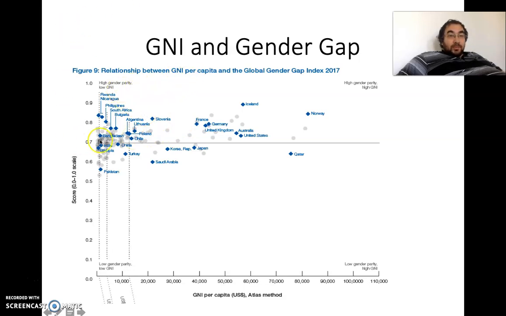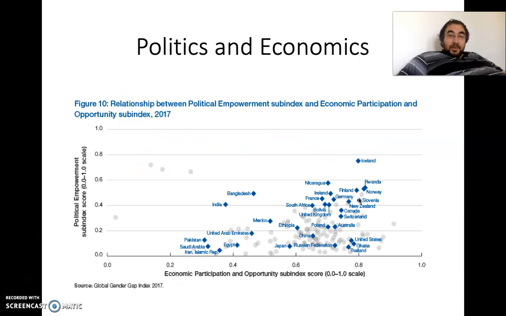Rwanda, Nicaragua, those countries probably experience economic problems equally by men and women, basically. And then you have at least one country with very high GNI, Qatar, and under the average gender equality score. Turkey is here, by the way. This is GDP per capita, by the way, not overall GDP level.